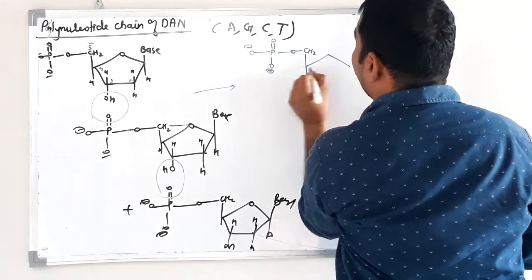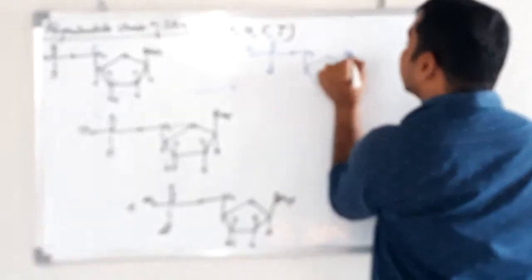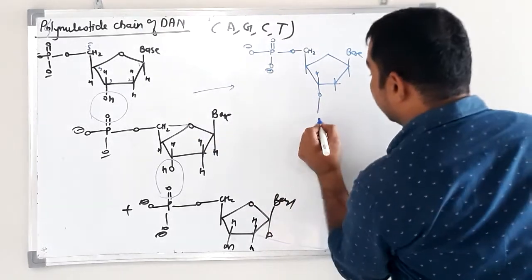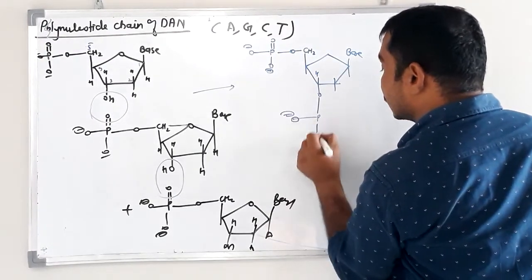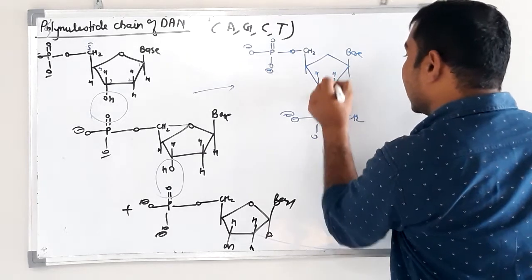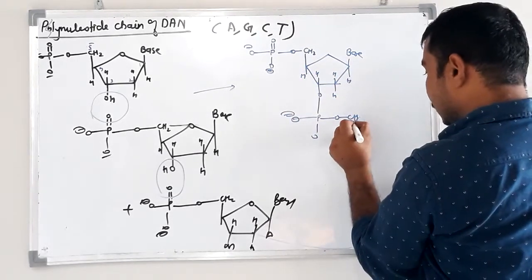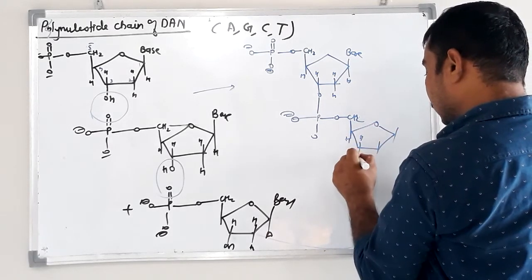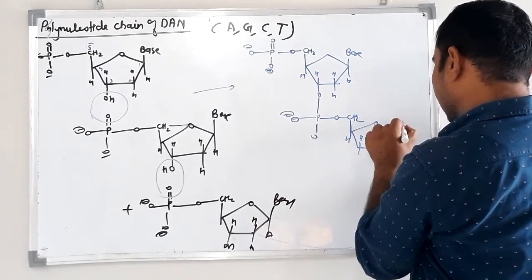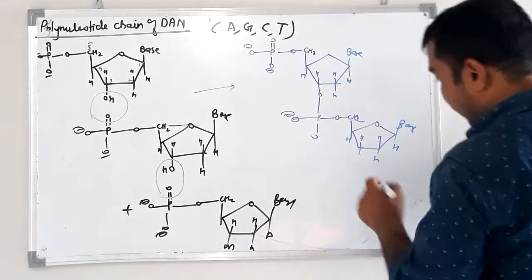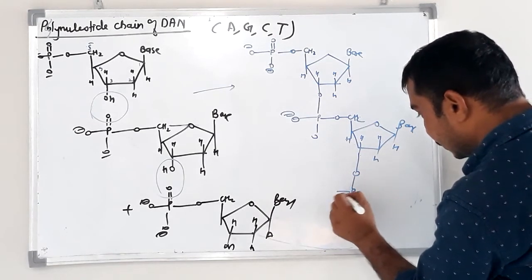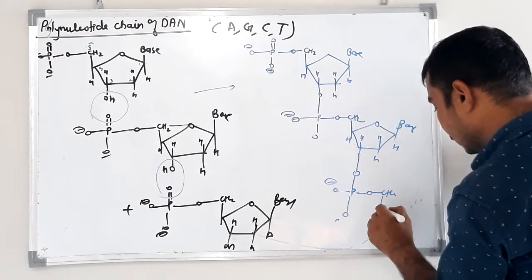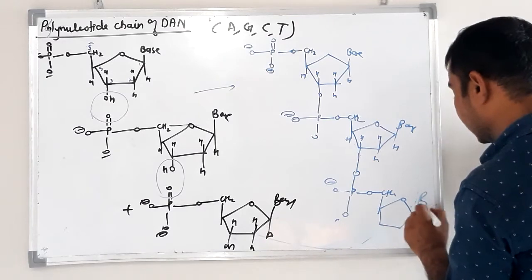OCH2, I will draw base, HO, now this PO minus, O minus, O, CH2, H, CH2, O, H, base, H, again O, P, O minus, O, CH2, sugar, base and so on.